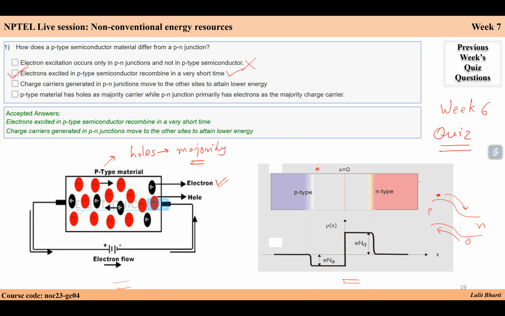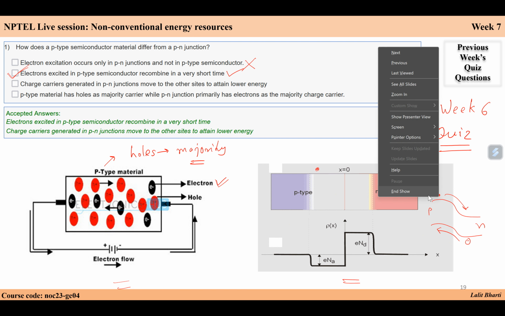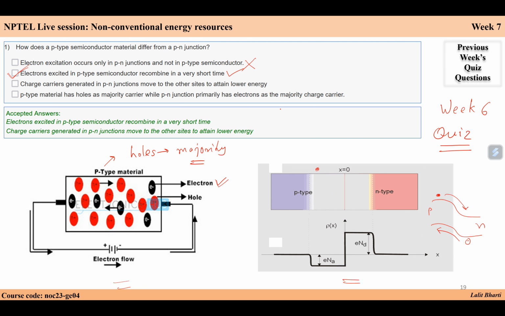So they tend to go to the opposite sides to attain lower energies. So the statement is correct. You can understand it by the bending of a PN junction. We have already discussed in previous lectures how bending happens and what its consequences are.